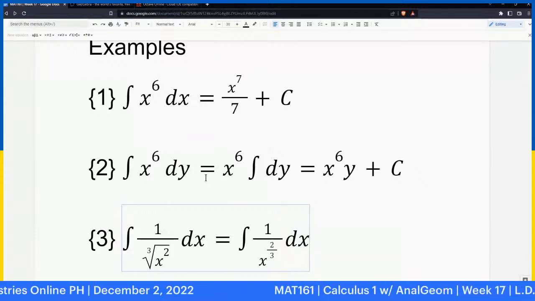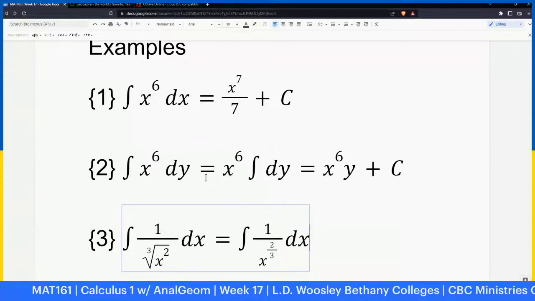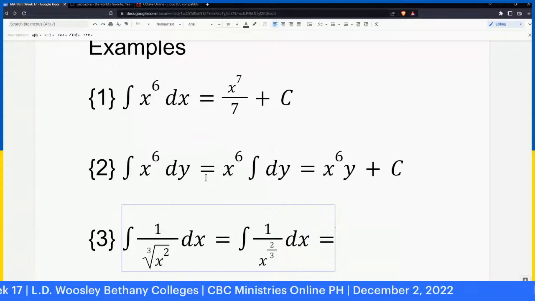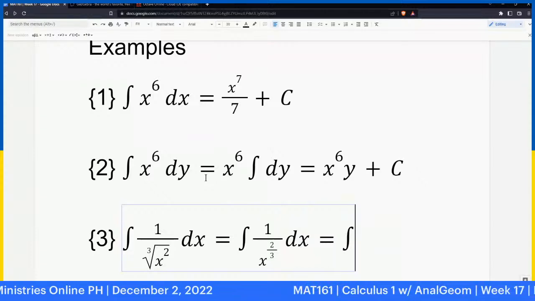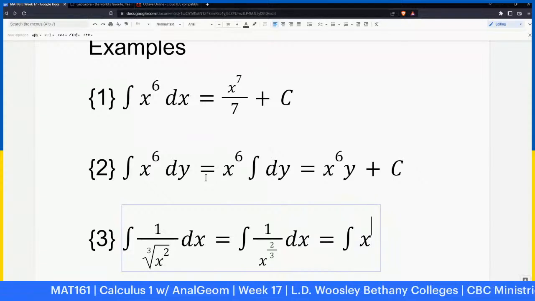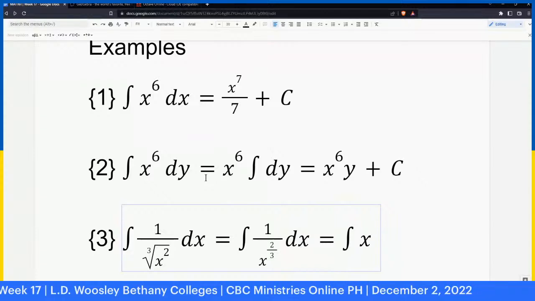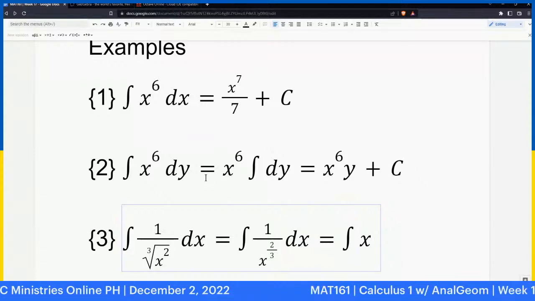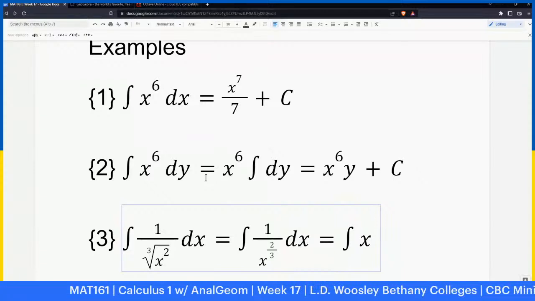Nora? Cube root of x squared. Now, tanggalin mo sa denominator yan. So, what will be the equivalent negative exponent? Obviously. Nora? This is becoming x raised to. Magiging negative po ba yan, sir? Oo, kasi galing denominator 2/3 po. 2/3 sa denominator.